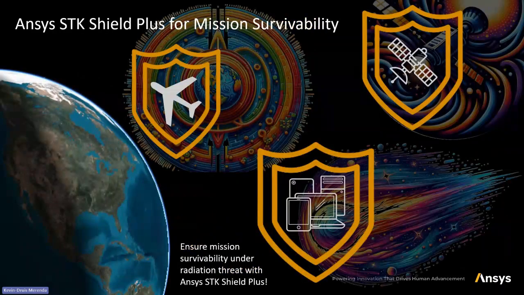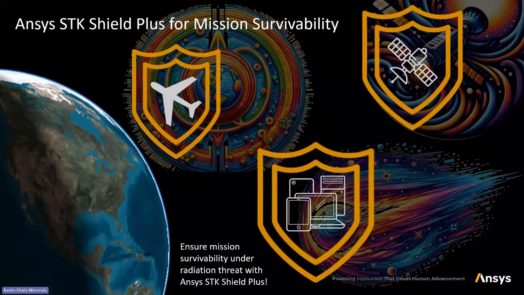So I just want to reiterate with this slide that what we are able to do with STK Shield Plus is ensure the survivability of a mission under various radiation threats. And those radiation are coming from electromagnetic environments, from high energy particle environments, or even lower energy plasma environments that you find around the Earth.